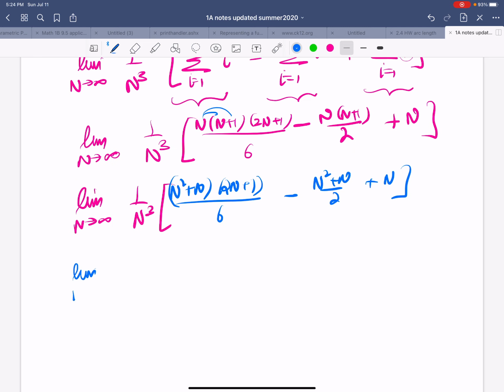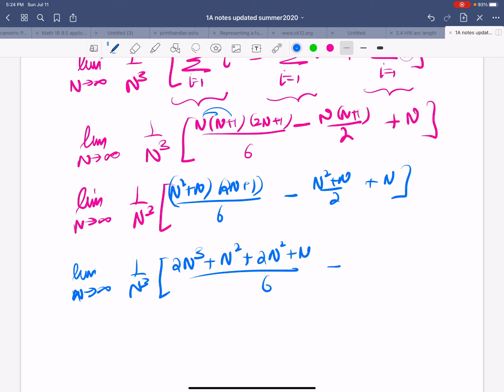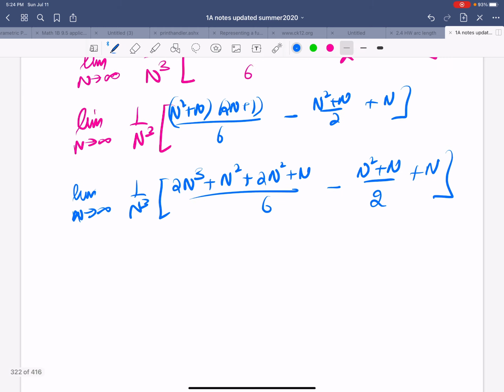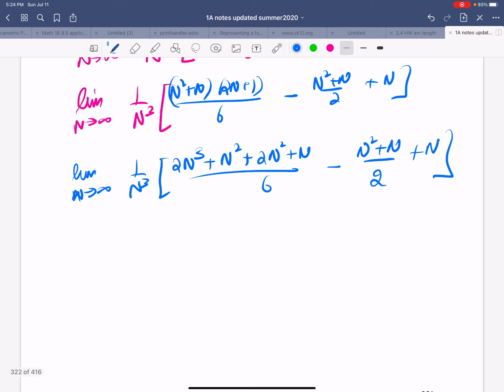Again, cleaning up and simplifying, we have 1 over n to the third. n squared plus n times 2n plus 1 would be 2n to the third plus n squared plus 2n squared plus n, over 6, minus n squared plus n over 2, plus n. Now we can bring the 1 over n to the third inside, and there are some like terms that I can combine. This would be 3n squared.